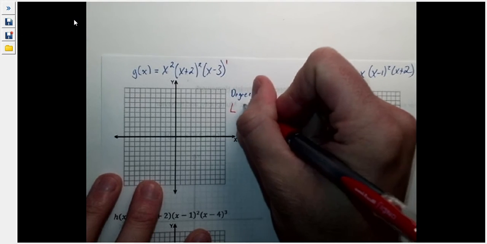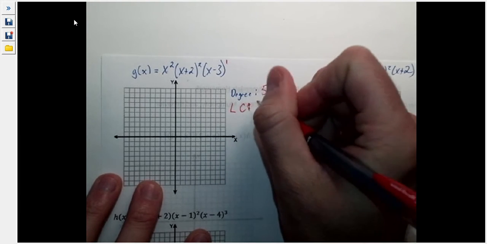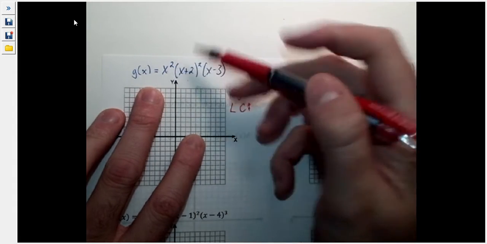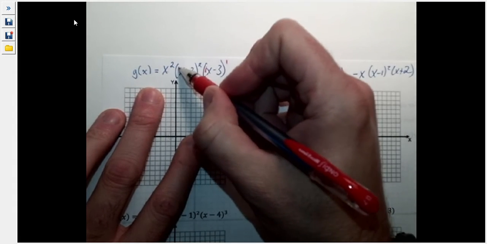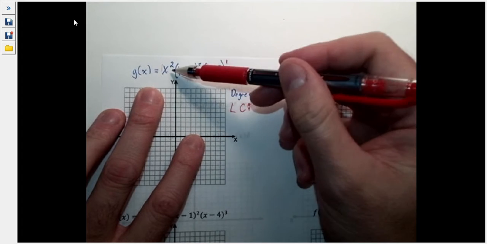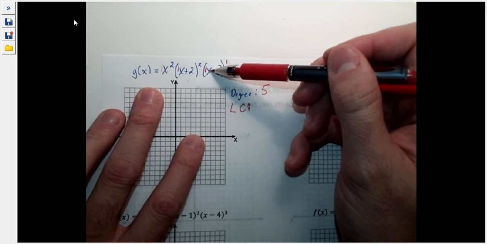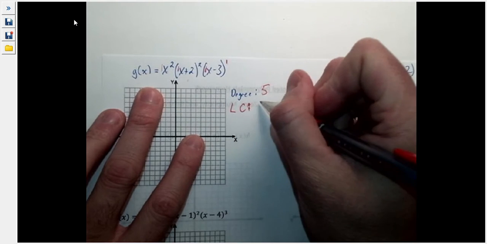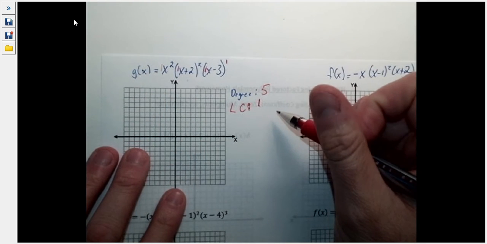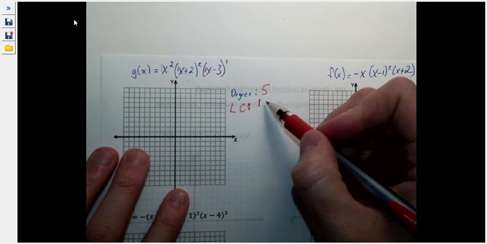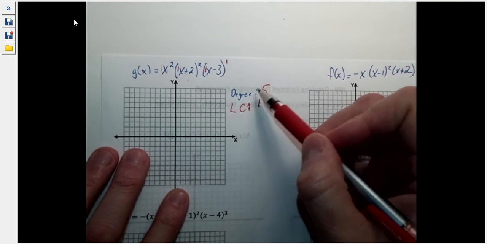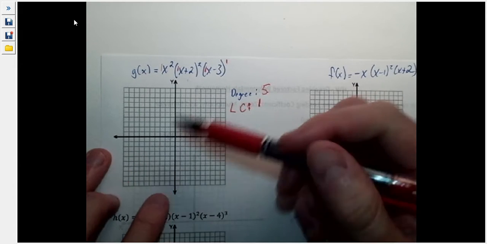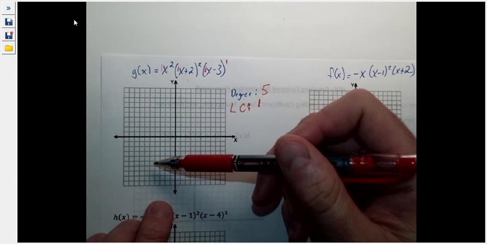And then you have your leading coefficient. Now, you look at the coefficients in front of these x's. So basically, if I multiply these out, this would be 1x, times 1x squared times 1x squared, and my leading coefficient is 1. Okay? So since my polynomial is degree 5, it means it's an odd function, which means one of the sides is going up and one of the sides is going down.